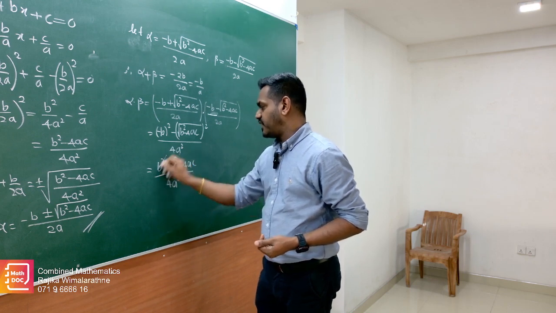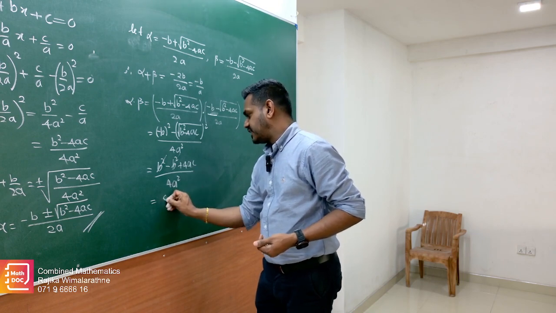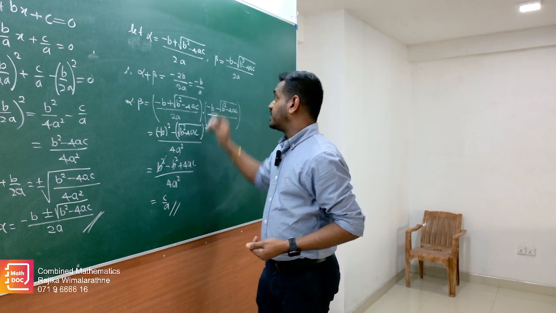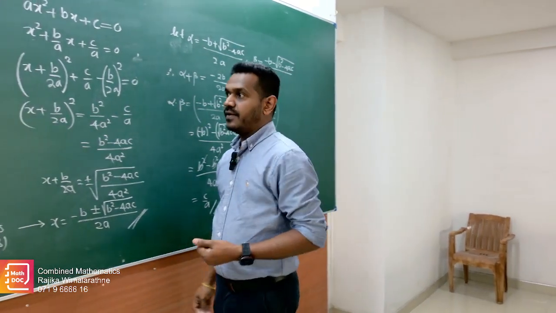Then cancel b squared, then cancel 4a. Then c divided by a. So root sum and root product we can obtain like that.